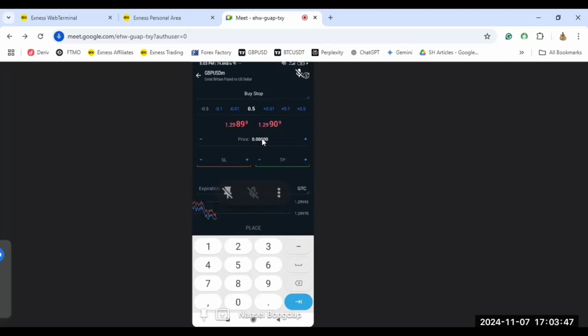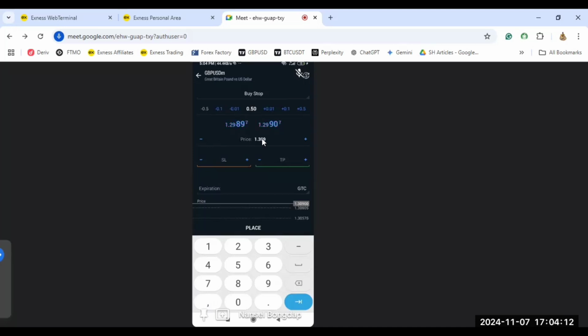So I'm going to put 1.308, like the way I showed you on the... 1.308. Or let me increase it to 1.309. Now this is just to show you so that you can see the levels. When I show you, you may see it at the same level as I did for the laptop version.